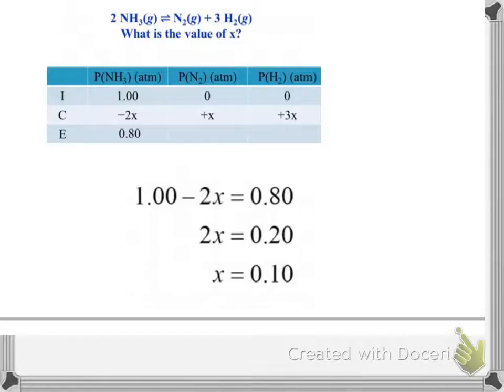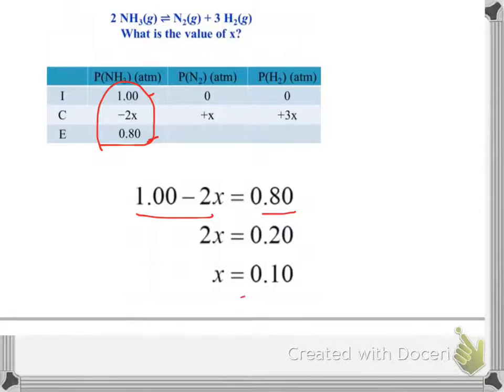Okay, so what is the value of X? Well, we can calculate that based on what we have here, where we know that we are starting with 1 atmosphere of ammonia, and that we end up with 0.8. So we can set the equality 1.00 atmospheres minus 2x gives me 0.8.